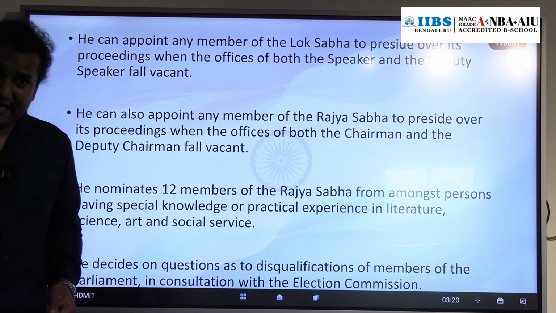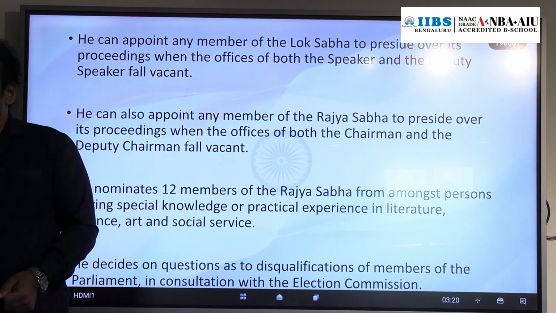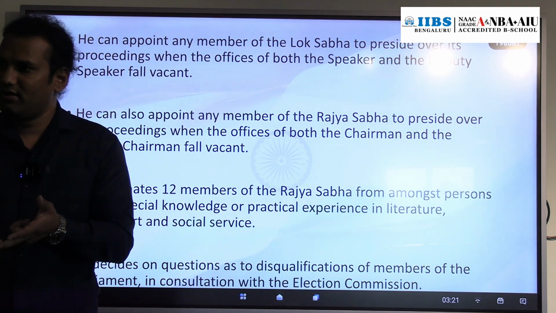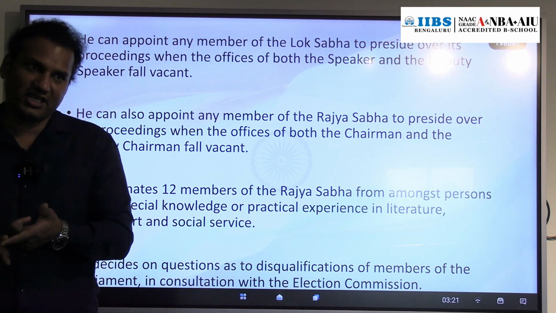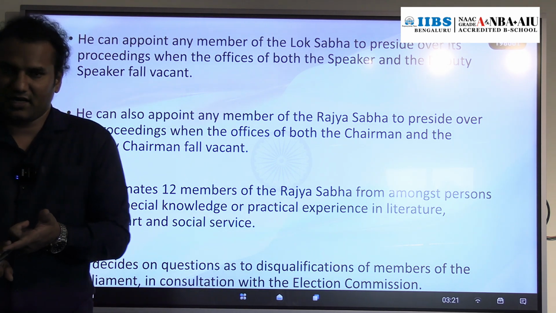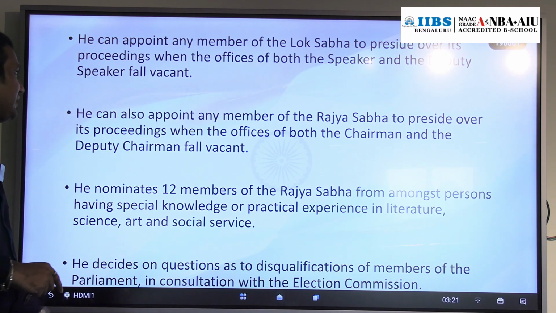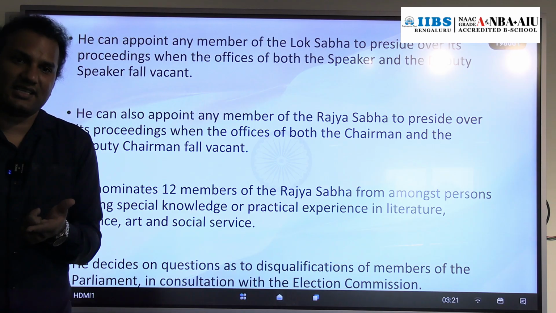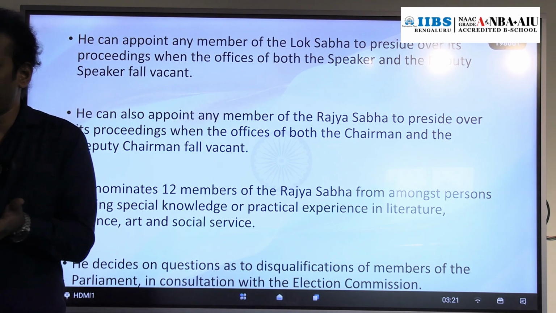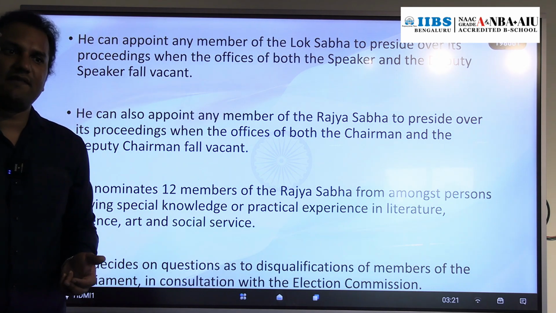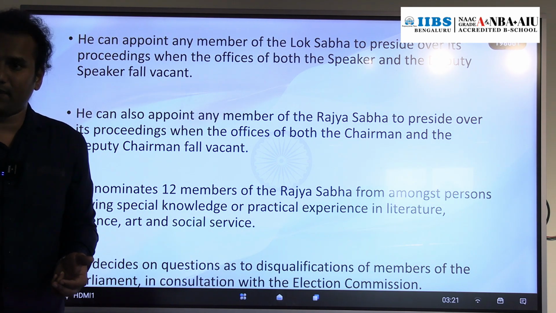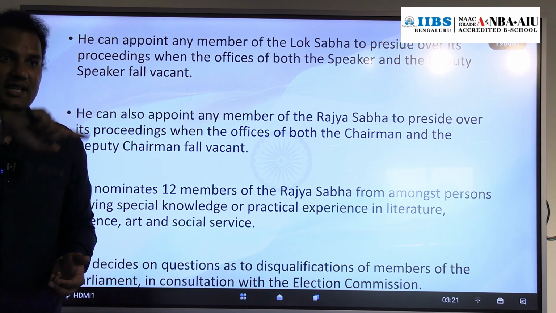Understood? In the same way, in Rajya Sabha we have a chairman and vice chairman. The Vice President is the chairman of Rajya Sabha. Whenever there is a vacancy in both the chairman and vice chairman posts of Rajya Sabha, the President will appoint any member from Rajya Sabha to preside over the session.